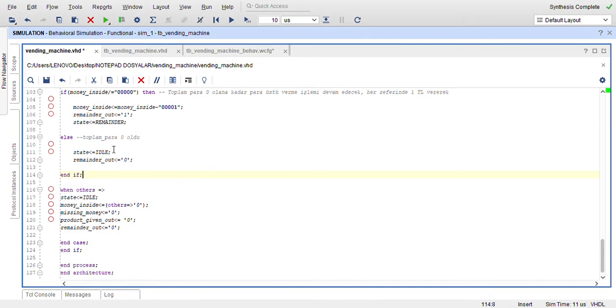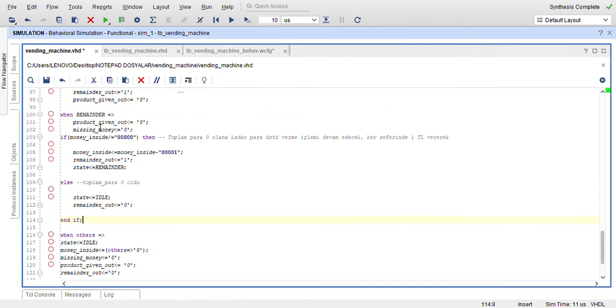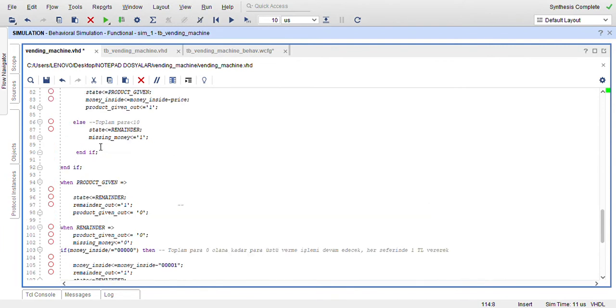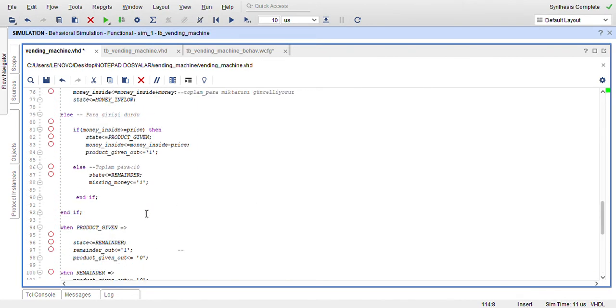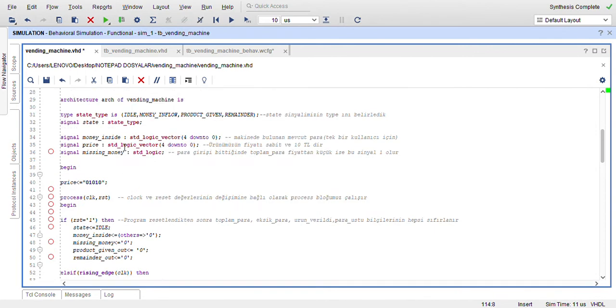If none of these cases work, our when others case will work. And end case, end process, and end architecture. We finish all of this, and our code is completed.